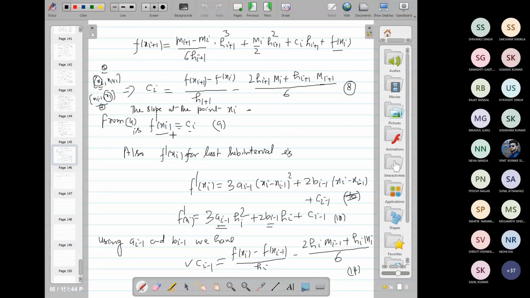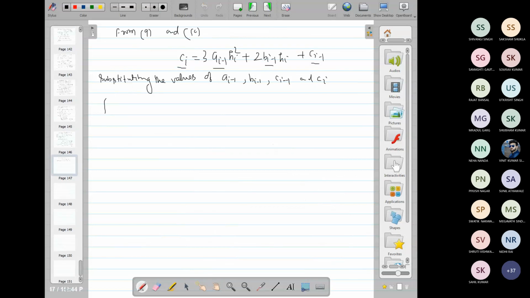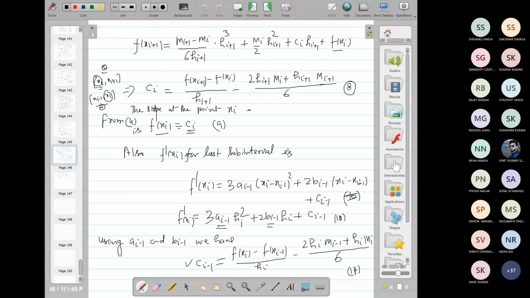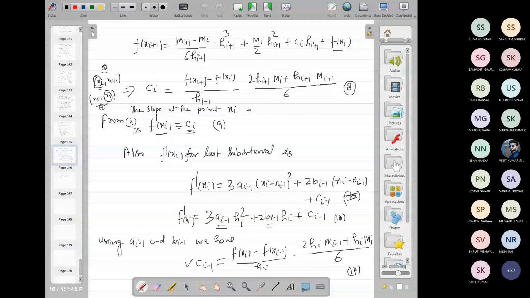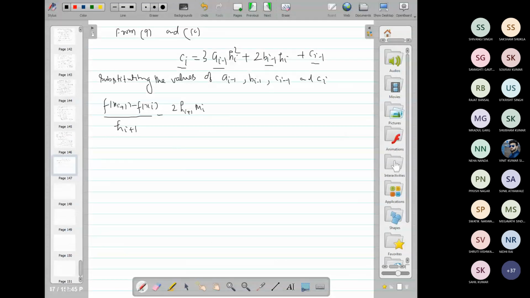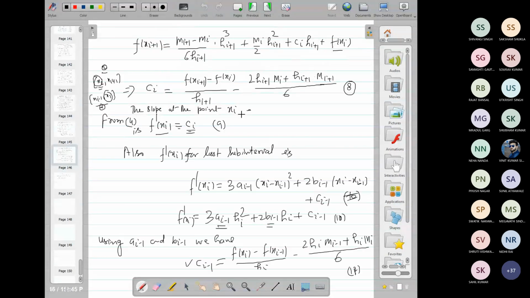अब ये 9 का जो है ci, f dash xi इक्वल टू ci, ये नहीं यूज करना आपको। तो 8, f xi plus 1 minus f xi upon hi plus 1 minus 2 hi plus 1 mi, hi plus 1 mi plus hi plus 1 mi plus 1 divided by 6.